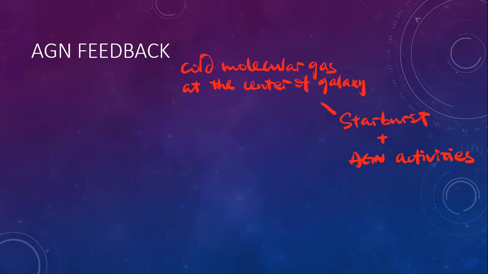The AGN activities can take place in the form of quasar radiations, which we're not going to talk about today, and relativistic jets.